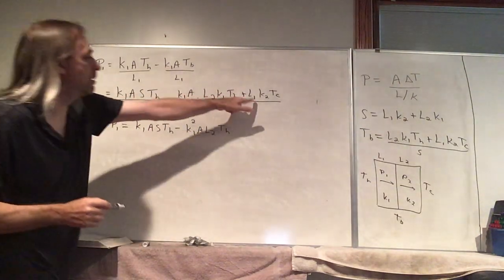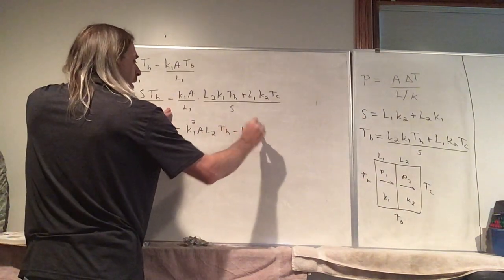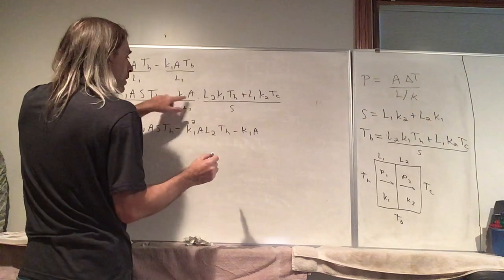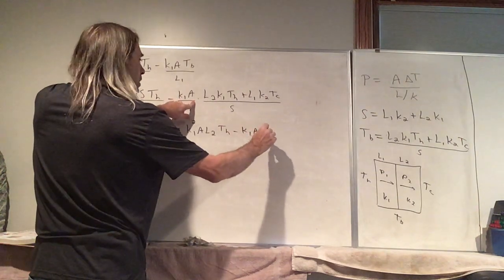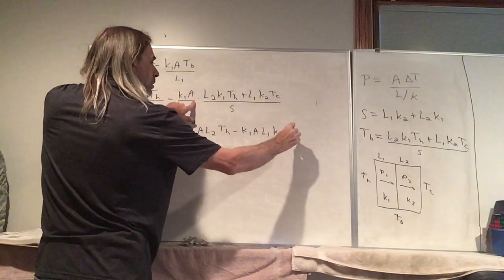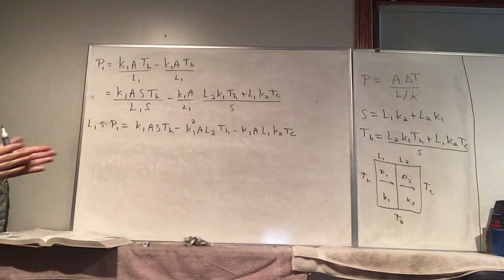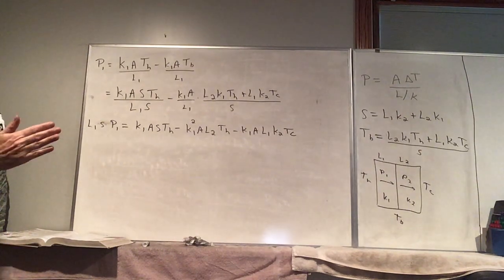And then we're going to subtract this term, so we have minus K1A times L1 K2 TC. I think that's, let me just double check that.